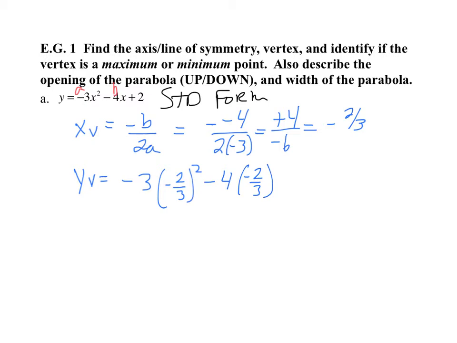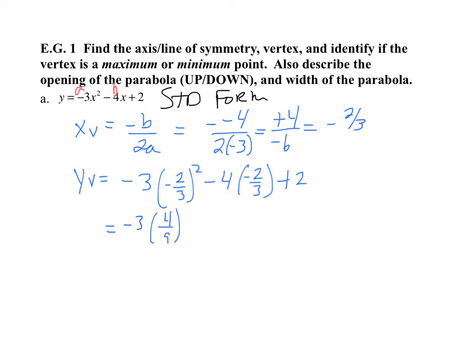So we plug in this x value everywhere we've got an x in the equation or the function, so plus 2, and then we calculate. Keep in mind that when you square a negative, it becomes positive. So this becomes negative 3 times 4/9.